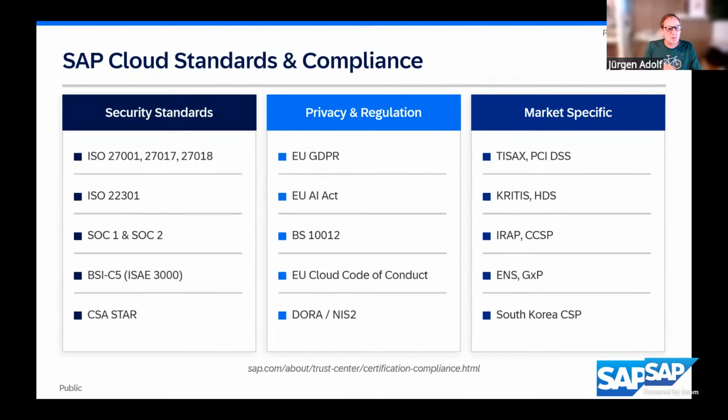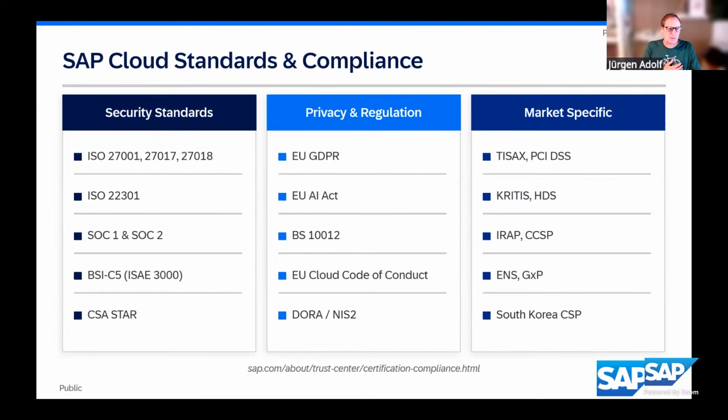The left column covers the security standards, for example, ISO 27001, 27017, 27018 for cloud information security, and ISO 22301 for business continuity, then SOC 1 and SOC 2 for financial controls and operational compliance. And then we also have the BSI C5 for cloud computing in Germany and the CSA STAR compliance.